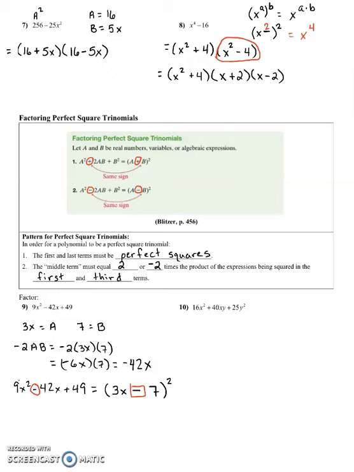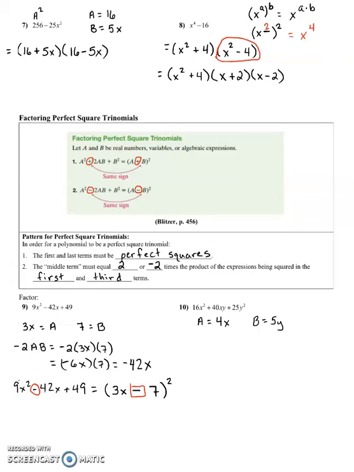Okay, let's do number 10. On number 10, we need to see if we have the right form. So a is, let's see, 16 is 4 squared, and x squared is x squared. So our a is 4x, our b is 5y, and let's check the middle term.